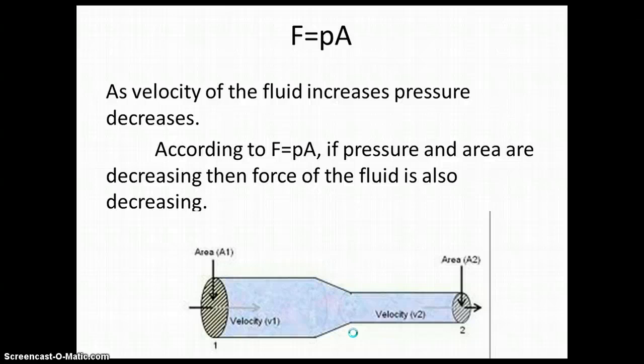Alright, and so this leads us to the idea, and we've kind of got a few ideas now, that with a very large area, something has a low velocity, and with a very small area right here, we find high velocities. Right, and so we know this.